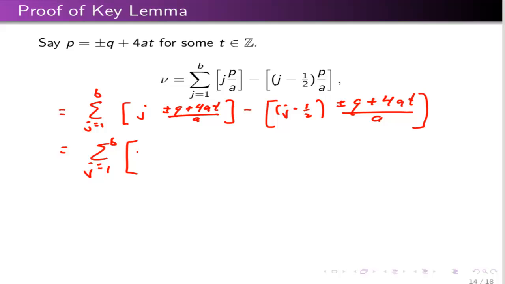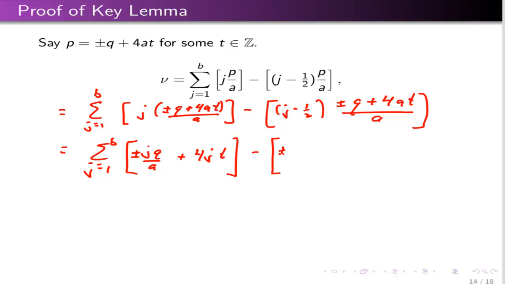Okay, so I'll get this plus or minus jq over a, and look what happens on this other term. So put parentheses there. The a's will cancel, and you're going to be left with an even number. So I really don't need to pay any attention to it, because we're only going to be doing this mod 2.